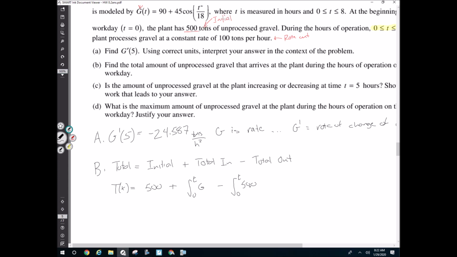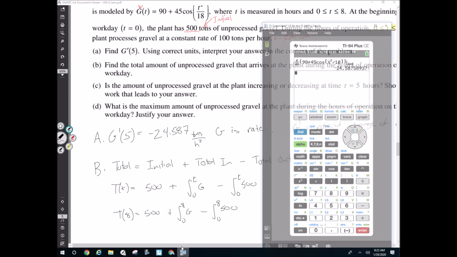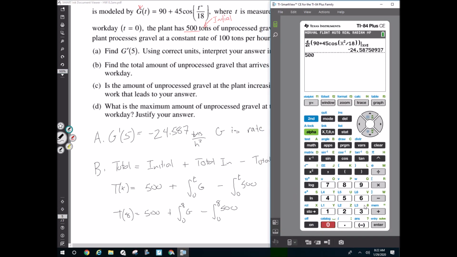You could have G minus 500 in one integral if you'd like. So T of 8 would start at 500. Starting with that, I have this much coming in from G, and then this much going out or being processed. Using our calculator, we will get 500 plus the integral from 0 to 8 of 90 plus 45 cosine of t squared over 18.